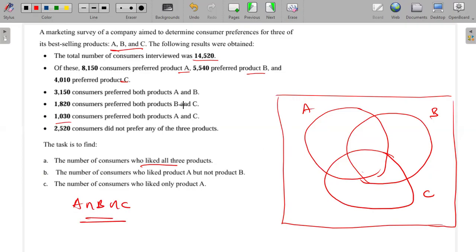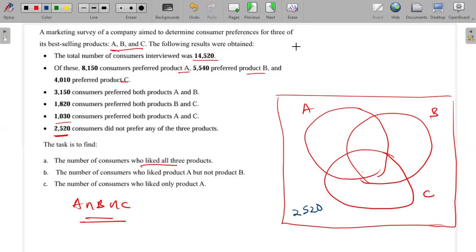But before we find that, they've told us that these 2,520 did not prefer any product. So I can write that here outside. Now let me look at consumers who preferred at least one product.